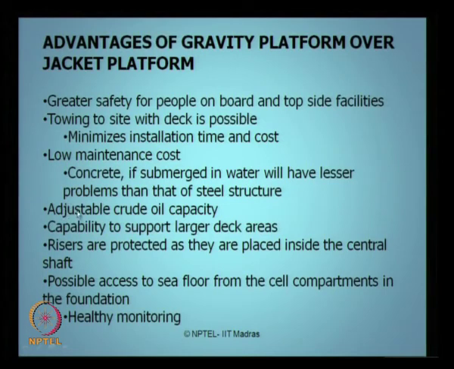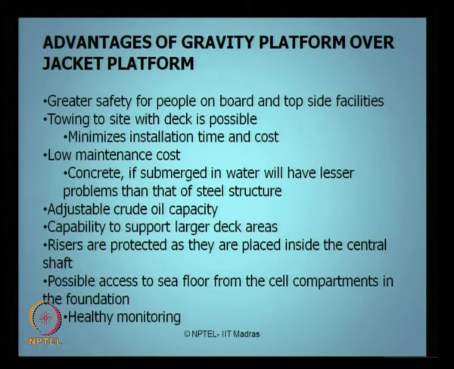It has a very high and adjustable crude oil capacity, which comes essentially from the hollow void spaces in the caissons. It has a capability to support very large deck areas. Risers which are used for oil exploration are generally protected because they are placed inside the central shaft of these kinds of platforms.